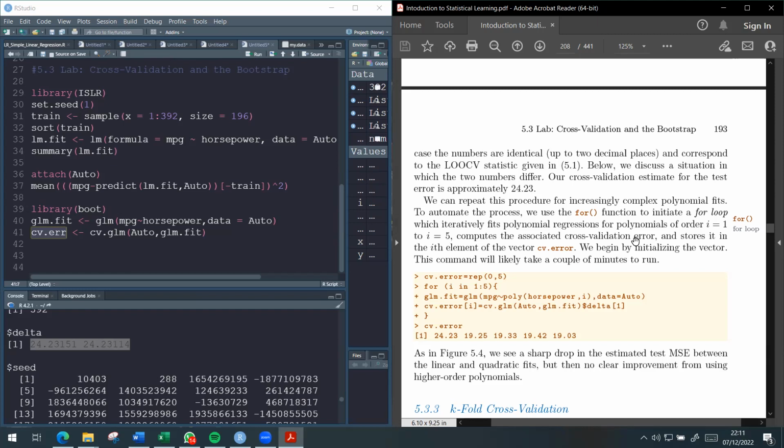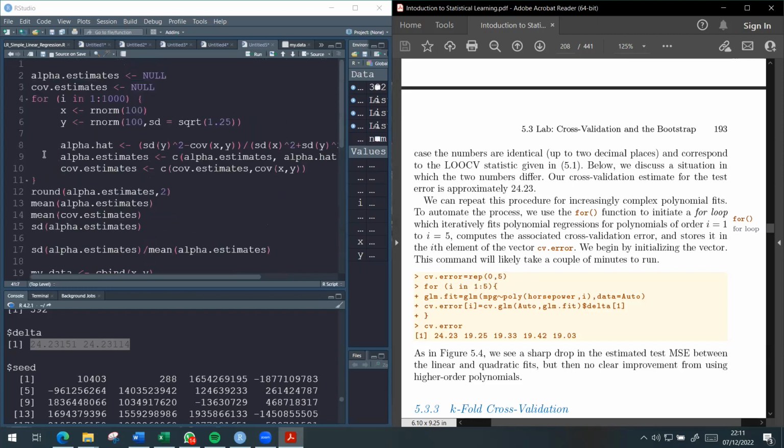We begin by initializing the vector. So you initialize the vector. I usually take NULL. It's like a signature move before these for loops. They're taking just 5 zeros, repeat 0 5 times.